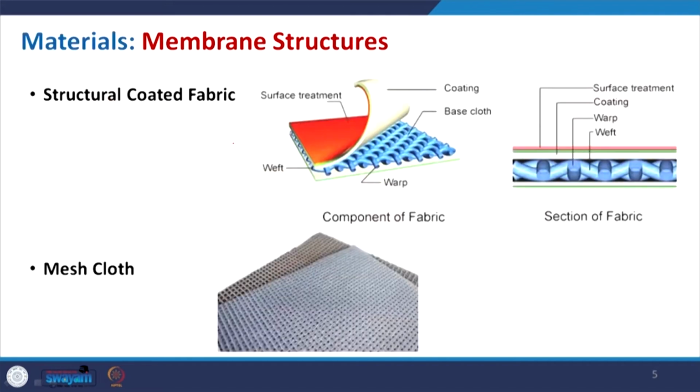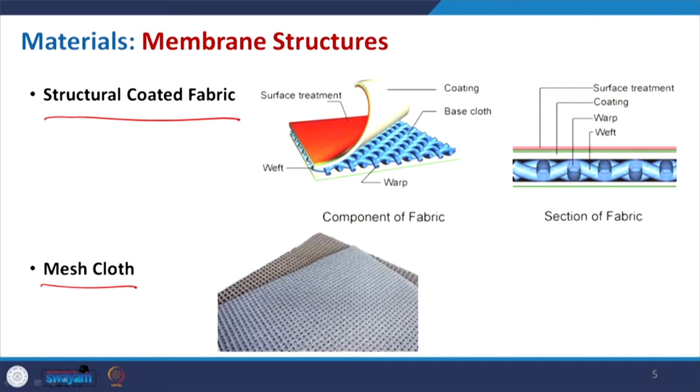Now, coming to the membrane, broadly if we classify them, it has two categories. Category number 1 is your structural coated fabric, and the other one is your mesh cloth. So, what exactly are they? Structural coated fabric is, again, having the mesh.